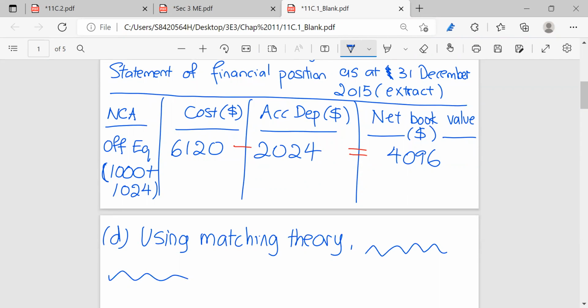Of course, you can use prudence theory as well, but matching theory will be a better answer because they are asking you why depreciation expense should be charged. For expenses, matching theory is a better theory. So that's all for today.